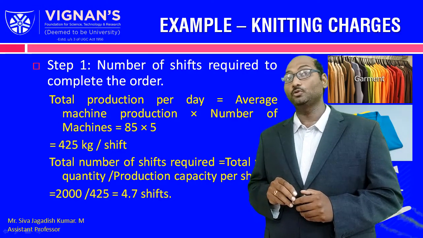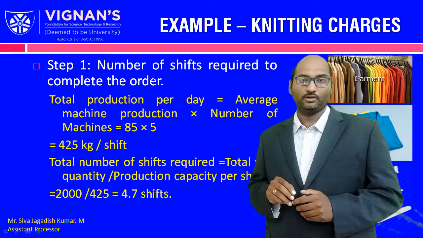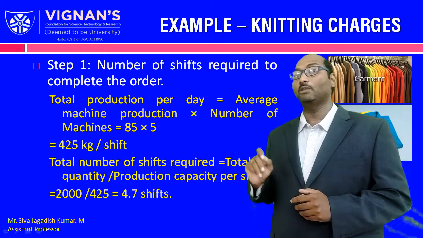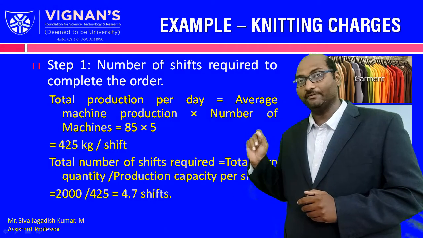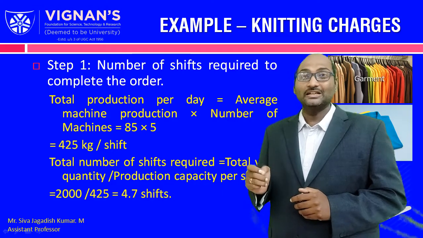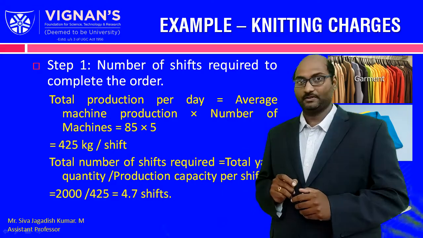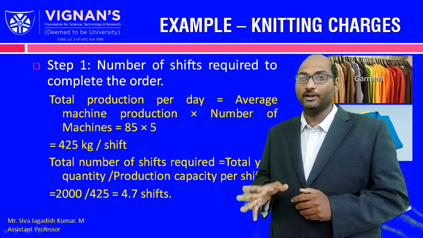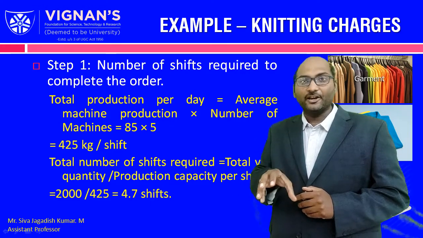But we have 2000 kg of yarn. So how many shifts are required? 2000 divided by 425 gives 4.7 shifts. 4.7 shifts are required to convert this 2000 kg of yarn into fabric.